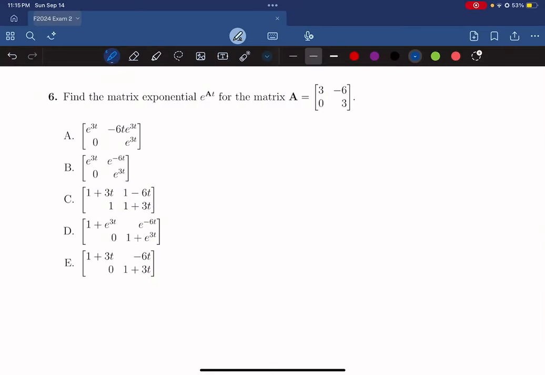Alright, so for number 6, it says find the matrix exponential e to the at for the matrix A, and it gives us an A matrix. So for this one, you just need to know one of the formulas. Let me just break this matrix up into this. When you see matrix exponential questions, you have to look for an identity matrix.